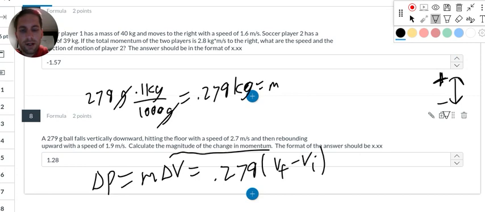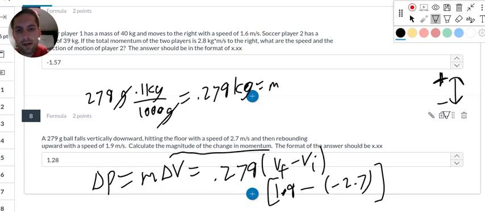That's what I'm wanting. So V final is going to be upward 1.9 minus V initial, 2.7 going down.